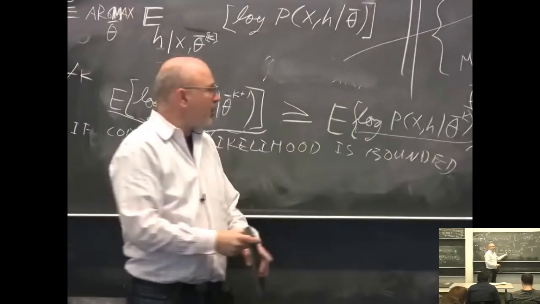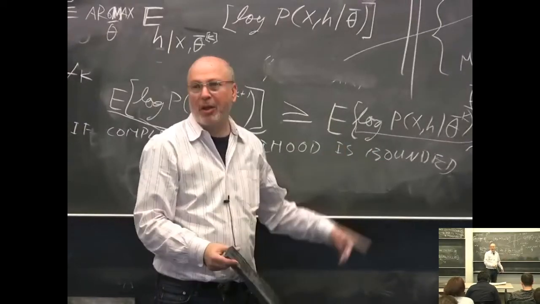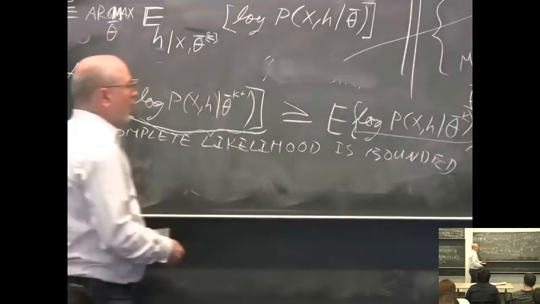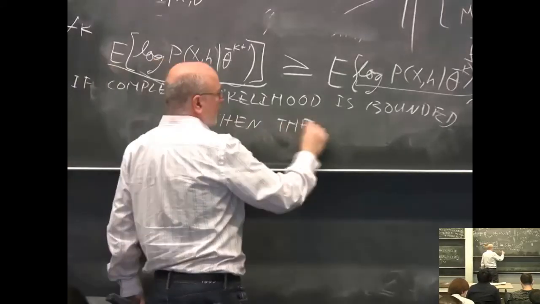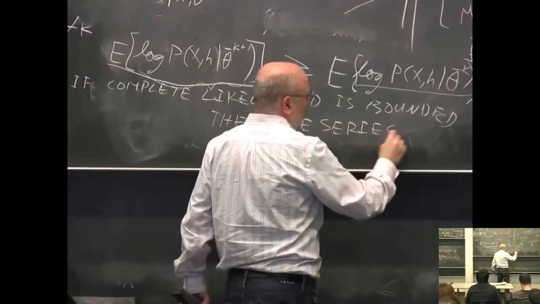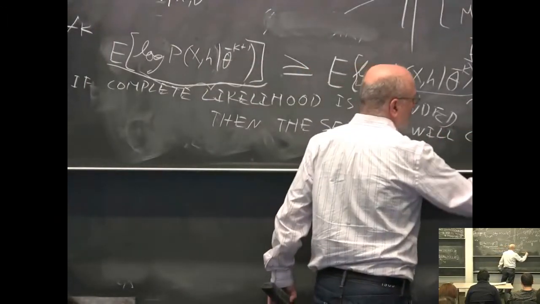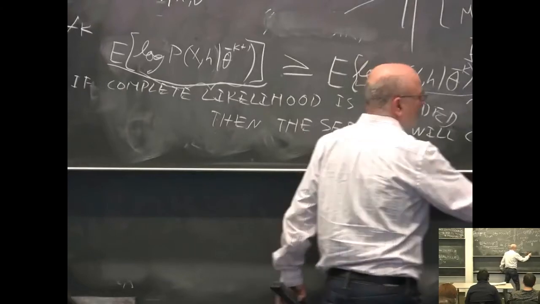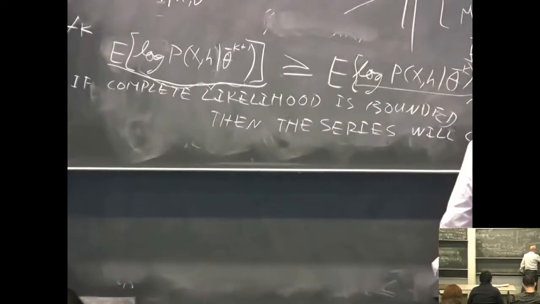Because this is expected value. So if it's bounded for any h, the expected value is bounded as well. If it's bounded, then the series will converge to a local maximum.